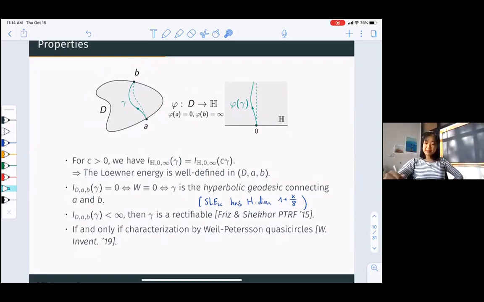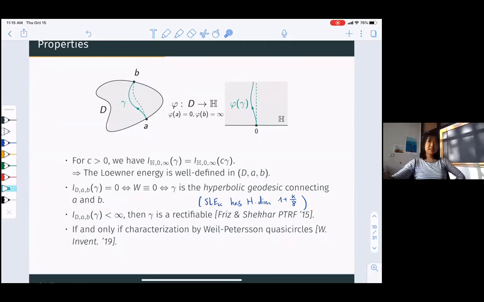From our trivial example, when the driving function has zero energy, it is equivalent to the driving function being constant 0. And on the right-hand side, it's just this straight line up. In a conformally invariant way, this imaginary axis is the hyperbolic geodesic in the upper half plane.